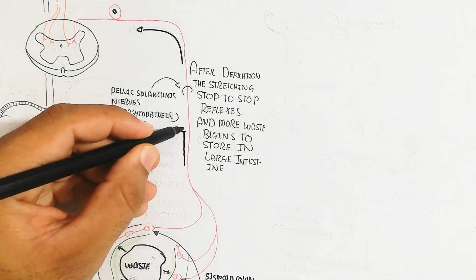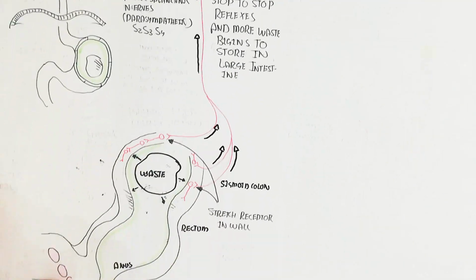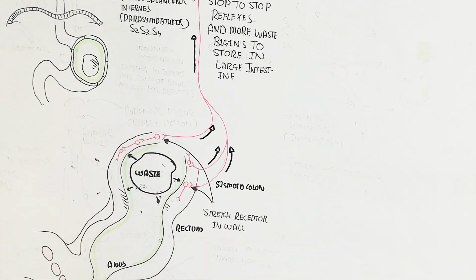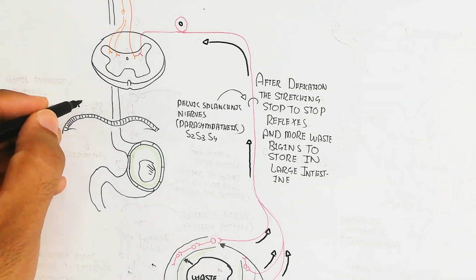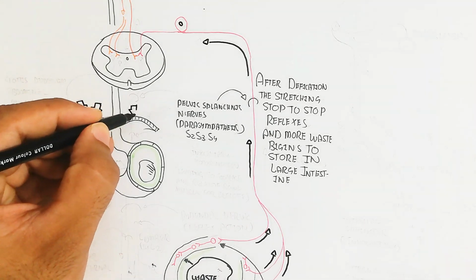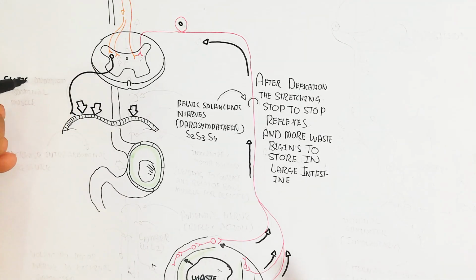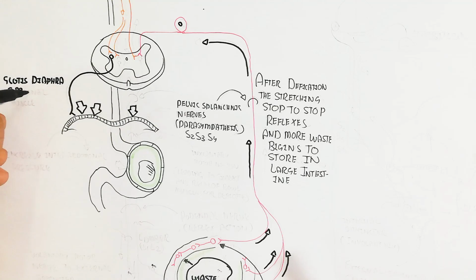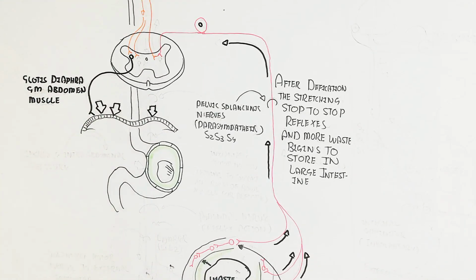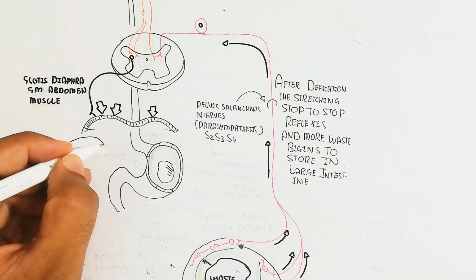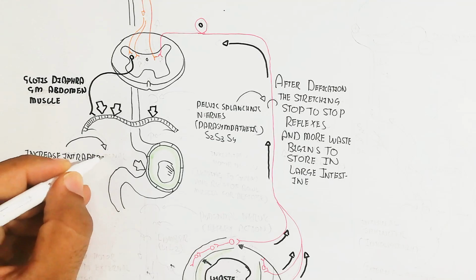This will transmit the signal through a cranial nerve, especially the vagal nerve. The vagal nerve is important for defecation.